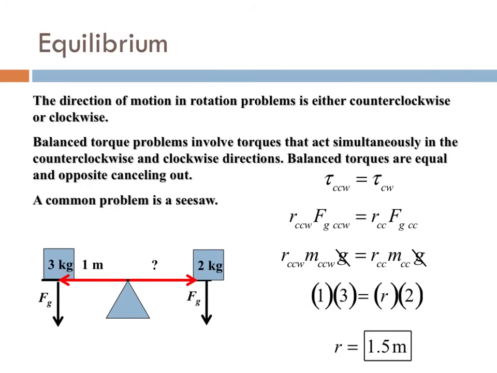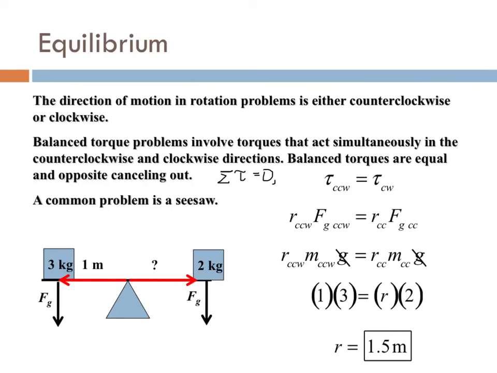Similar to forces, torques have a version of their own for Newton's second law. That is, that the sum of the torques, when equal to 0, causes 0 rotation. Now, the only time when that will happen is when you have both counterclockwise and clockwise torques, meaning negative and positive torques.